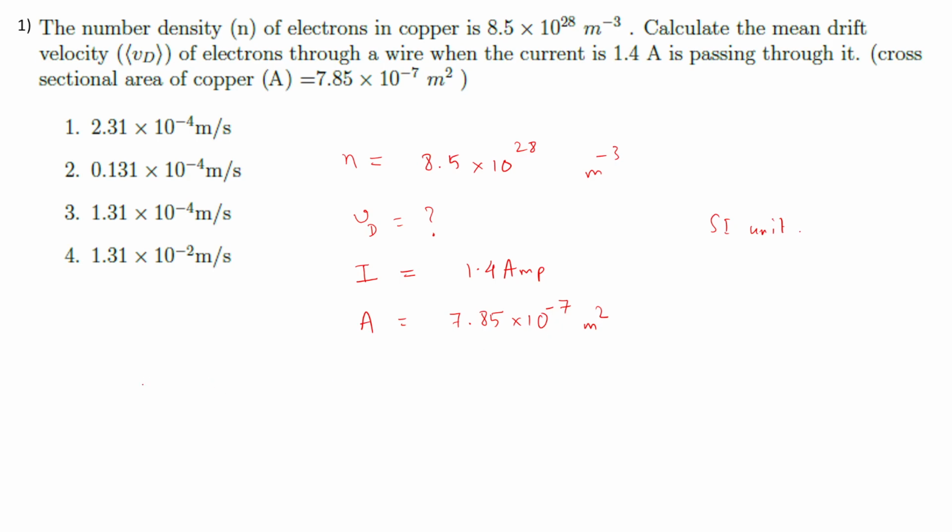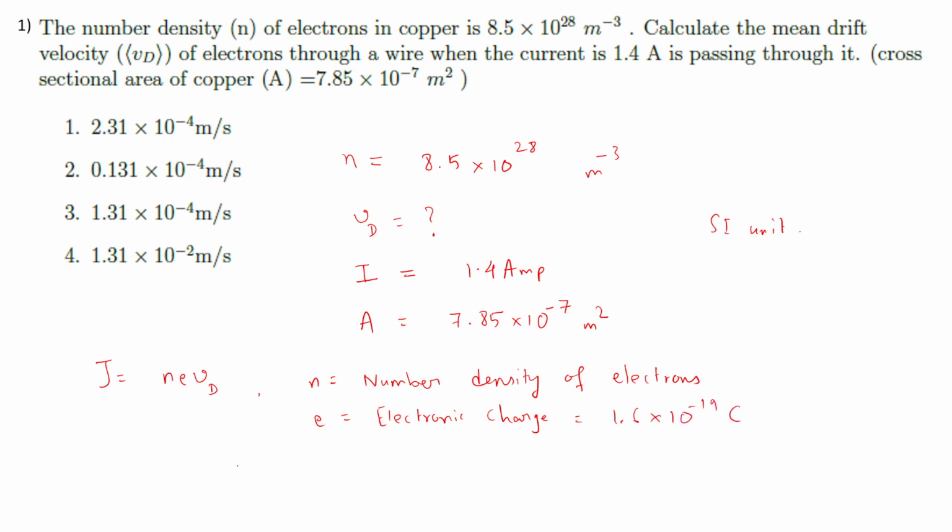I hope you know this formula: J is equal to nevd, where n is the number density of electrons, e is the electronic charge, which is nothing but 1.6 into 10 to the power minus 19 coulomb, and J is the current density.